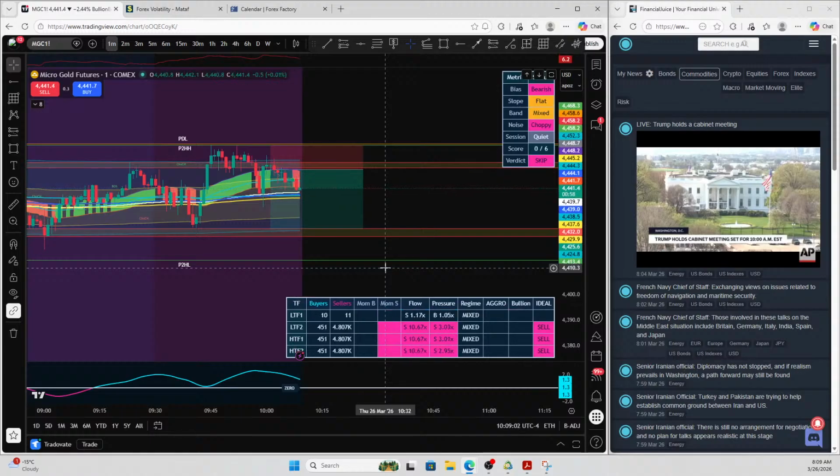Okay. So now it's kind of aligning with our overall bias for the day, which was bearish. Let's see if it continues and pushes to the other side.